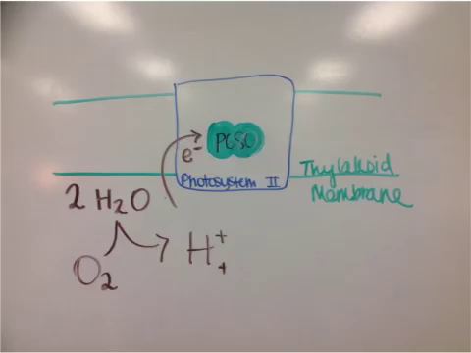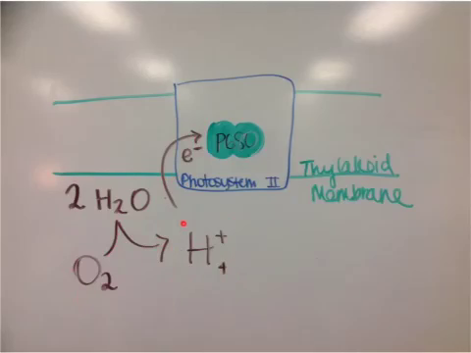So after the pair of electrons from the P680 chlorophyll A molecules passes to the primary electron acceptor, the P680 molecules are now positively charged. And so to replace their missing electrons, we have to split water. This is where water comes into photosynthesis. As the cell splits water, it becomes oxygen gas and hydrogen ions, hydrogen positive ions.